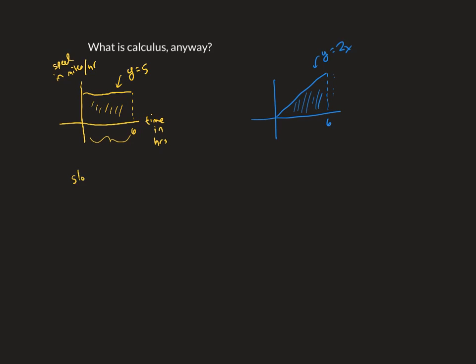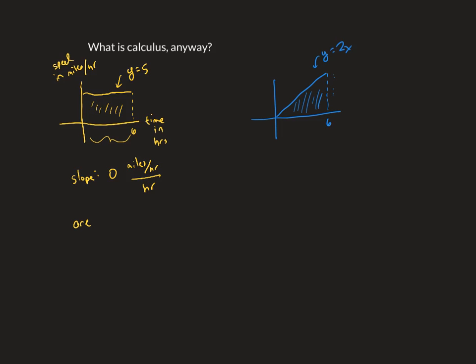The slope, which is 0, is how quickly the speed is changing in terms of hours. So in other words, its units would be miles per hour. And those of you who have had physics, you know we sometimes write that as miles per hour squared.